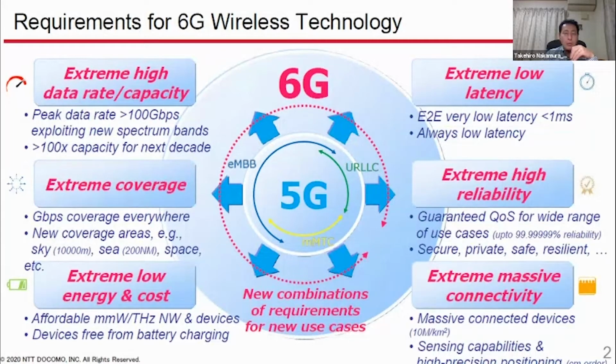So for the IoT use cases, we need to achieve very low latency, like less than 1 millisecond. And high reliability also, especially for factory use cases, we need to achieve very high reliability. We set the target at 7 nines. And the extreme massive connectivity, of course, is very important for the IoT business. And sensing is also a very interesting topic, and precision positioning will also be more important for our business. Next, please.